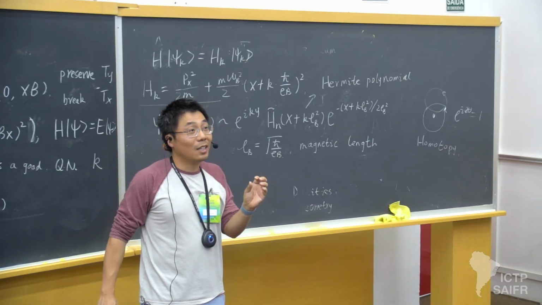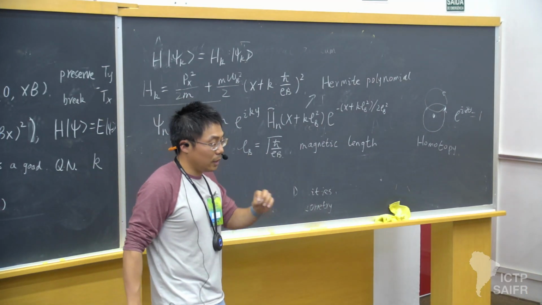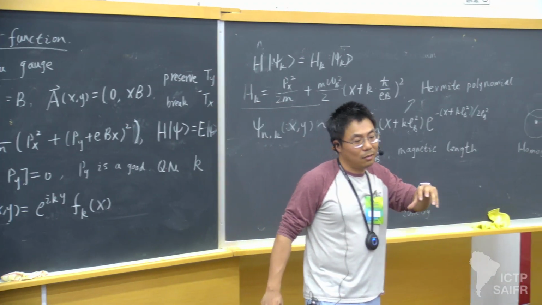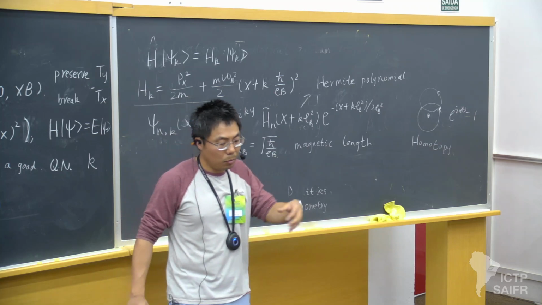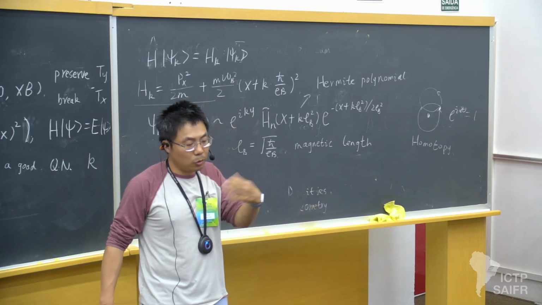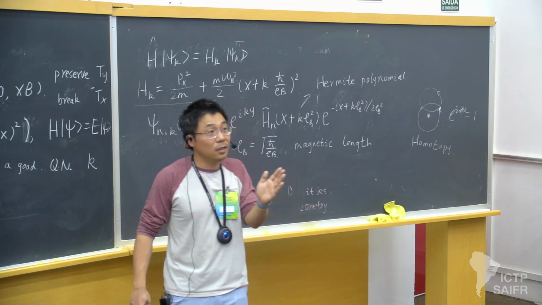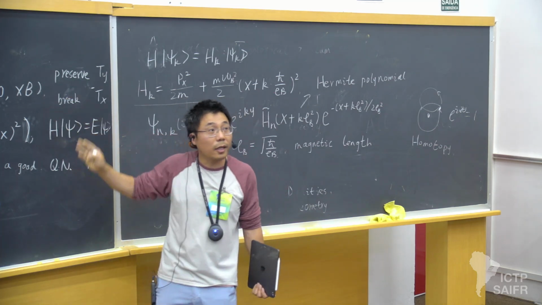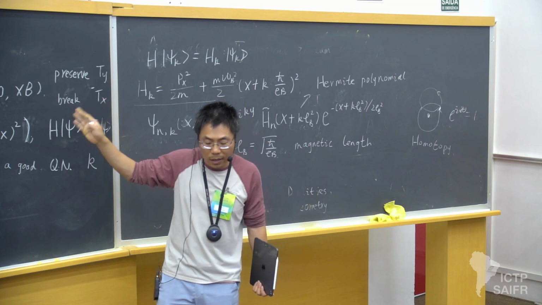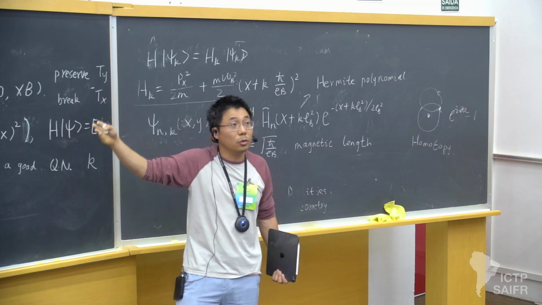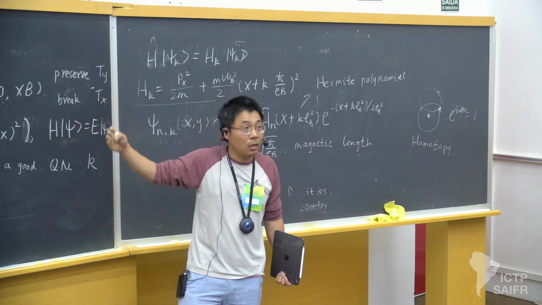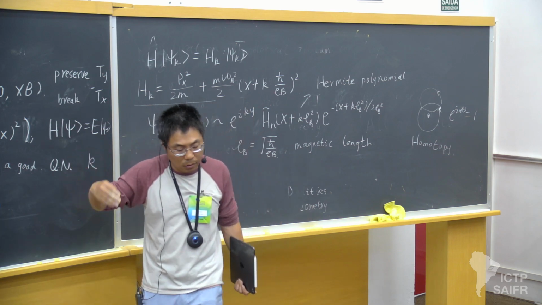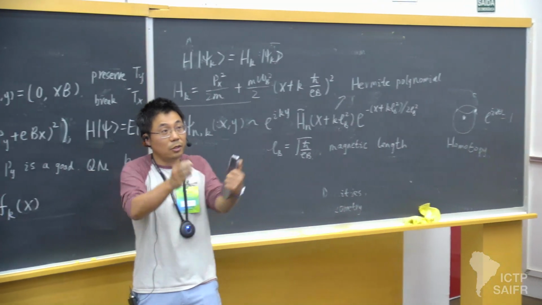What we end up with is highly degenerate states, and you can superpose those degenerate states to get different bases. Like here, the basis I have has conserved momentum along the y direction. You can also superpose them to get bases that have momentum along the x direction. What I want to say is that you do have highly degenerate states.